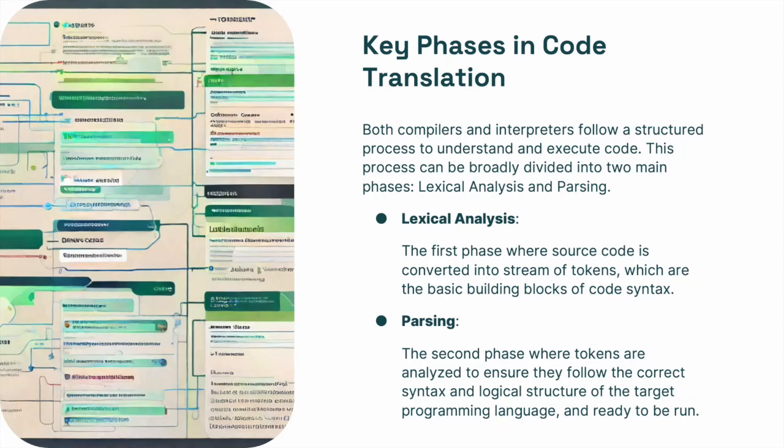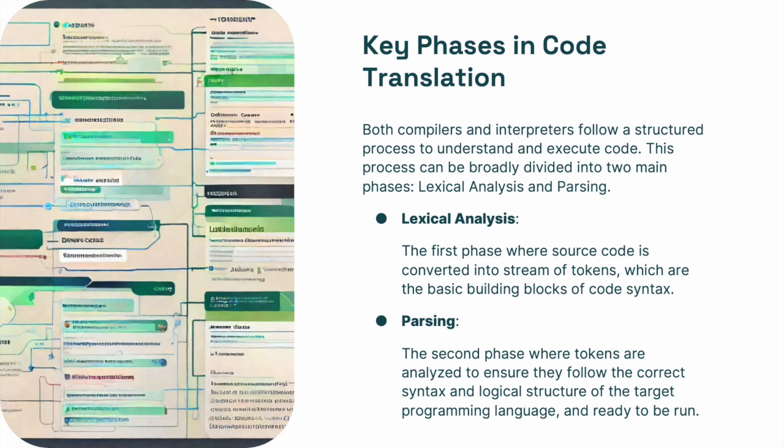Lexical analysis is like breaking your code into bite-sized pieces, which we call tokens. So basically, we want to break it down into a stream of tokens, and these tokens are the building blocks of your programs.